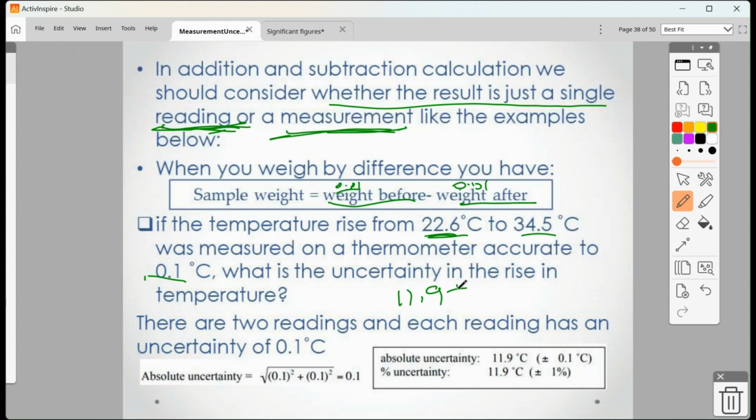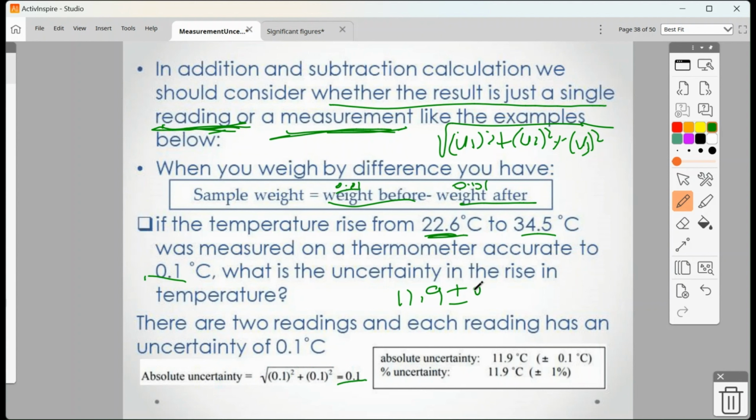Now what do we do to the uncertainty? We will use the previous formula, that is uncertainty squared plus second uncertainty squared plus third uncertainty squared, and so on. We have two uncertainties, each one is 0.1, so it will be 0.1 square plus 0.1 square under the root. This gives 0.1.